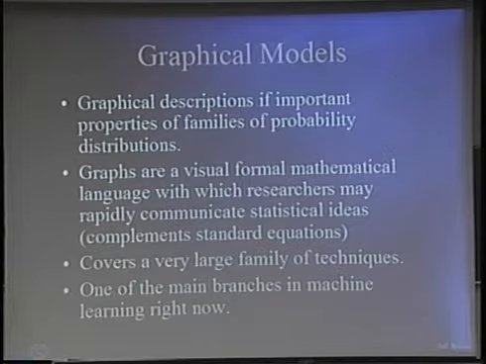Graphs cover a pretty large family of techniques, but at the same time, once you've got an idea expressed in a graphical formalism, it's pretty easy to communicate it to other people. You can very quickly get going with new ideas in speech and language and try out a lot of things.